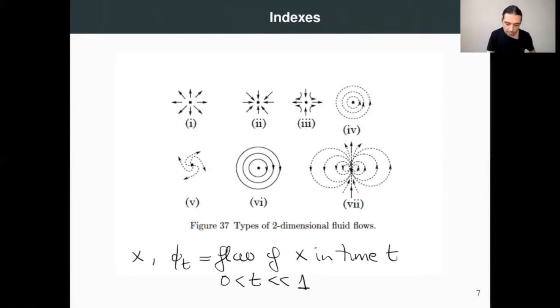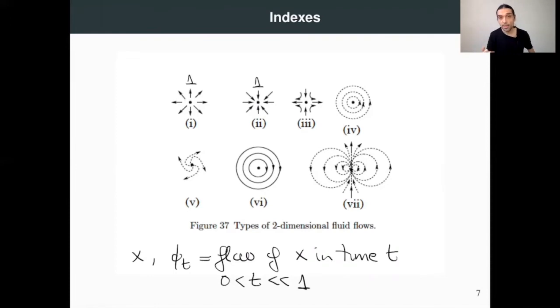What happens then is that these flows, for instance, are going to send this point to a point that is farther apart, but in the same half line. And these flows have exactly the same indexes as the corresponding singular points. So the index here is going to be equal to 1.